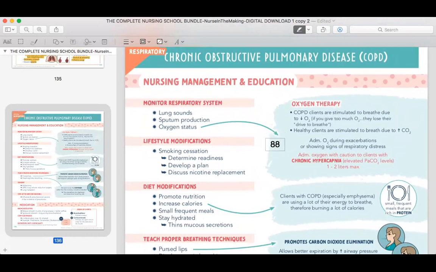That is expected, because that's normal for them. So that's normal for COPD patients.